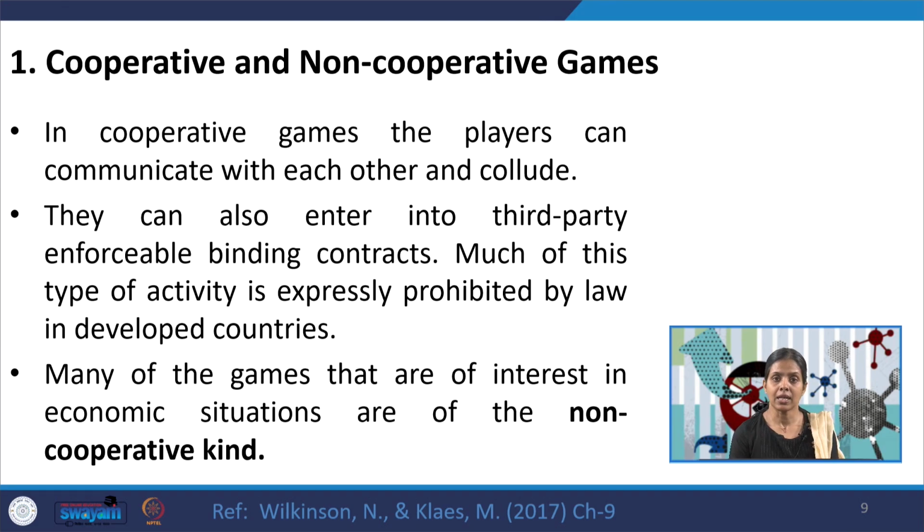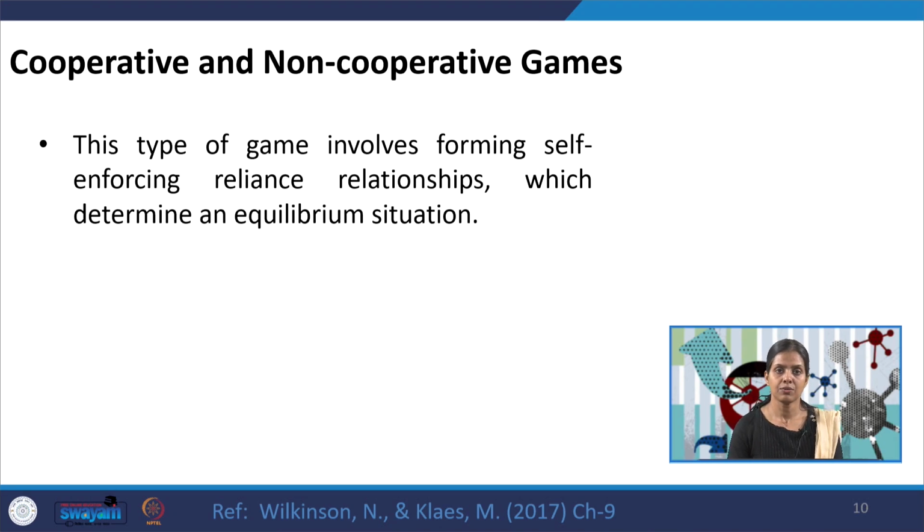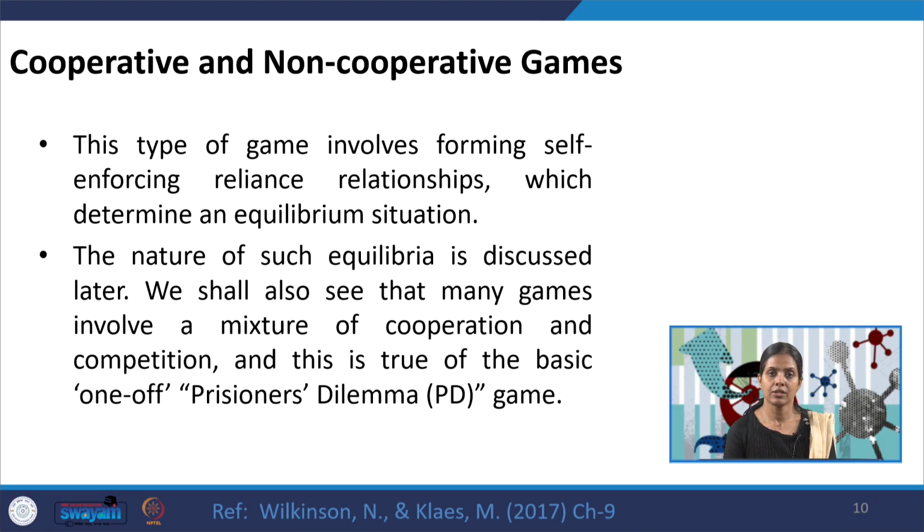Many of the games that are of interest in economic situations are of the non-cooperative kind. This type of game involves forming self-enforcing reliance relationships which determine an equilibrium situation. The nature of such equilibria is discussed later. We shall also see that many games involve a mixture of cooperation and competition, and this is true of the basic prisoner's dilemma game.